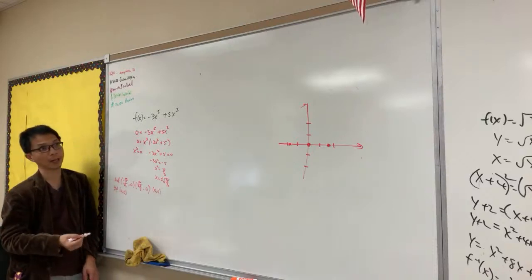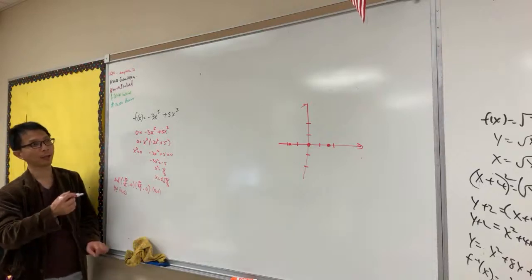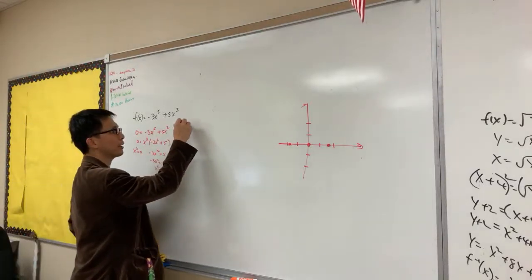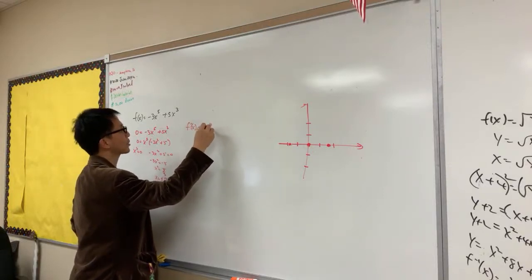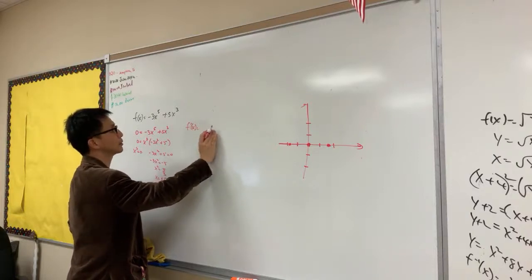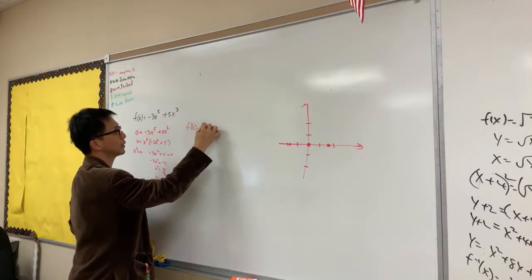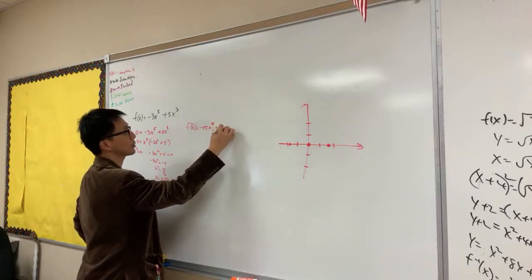Okay, so that is the original equation. How about f prime? Let's take care of f prime. So f prime is going to be negative 15x to the fourth plus 15x squared.